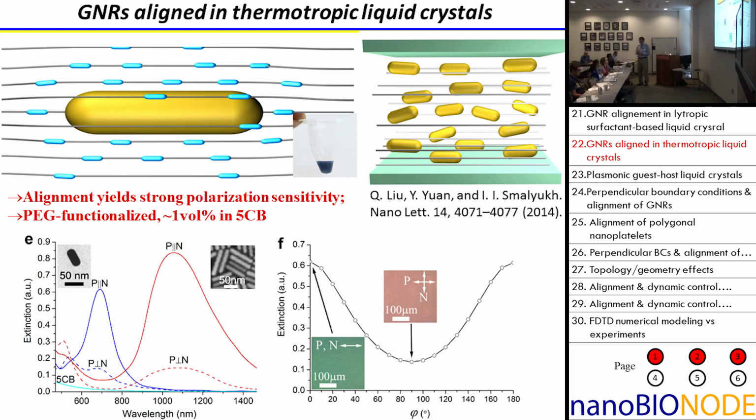And this can be then useful for all kinds of applications, like smart windows that we'll discuss a little bit later. So this is something that you cannot achieve with dyes, for example, because the organic molecules would not have much absorption in the near infrared.